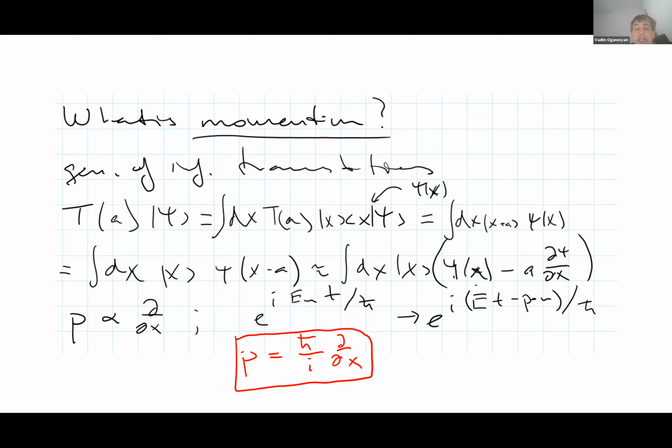But to check that, we want to be able to transform the coordinate system. For the case of momentum, we want to look at translations of the system. Instead of doing this in classical language, I'm going to jump straight into the wave function.